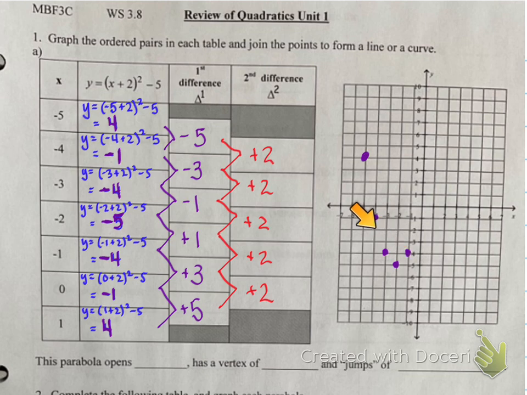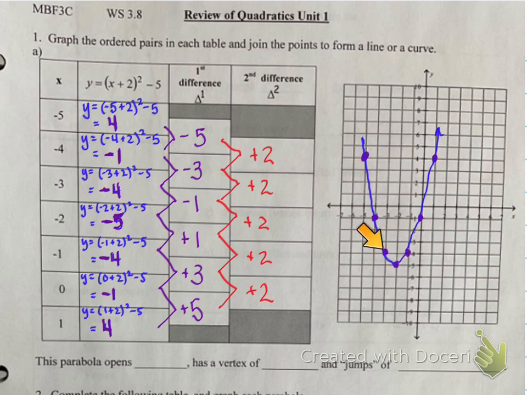Okay, the next point is going to be at (0, -1). And then the next point is going to be at (1, 4). (1, 4), folks, right there. And notice there's our mirror image points. Now when we draw the parabola, we must draw a smooth, rounded curve. So it can't be pointy here.